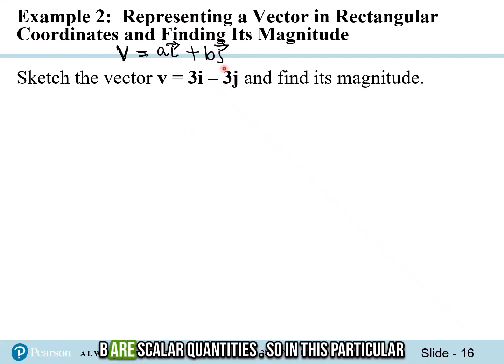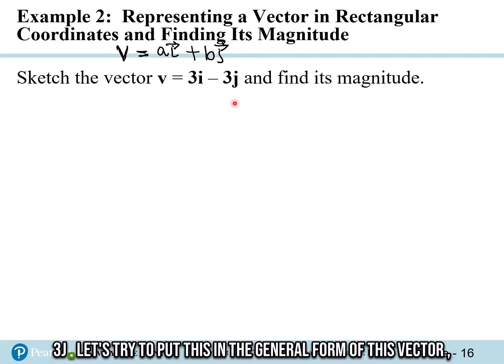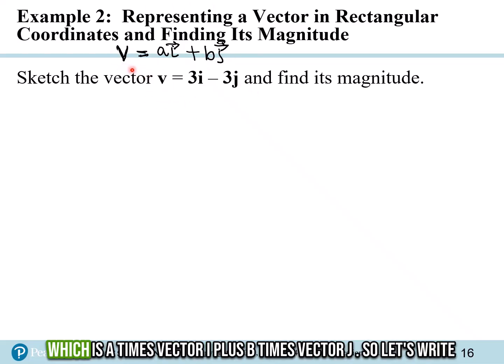So a and b are scalar quantities. So in this particular vector equation, v equals 3i minus 3j, let's try to put this in the general form of this vector, which is a times vector i plus b times vector j.